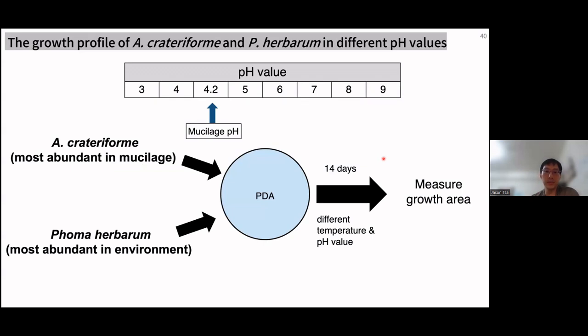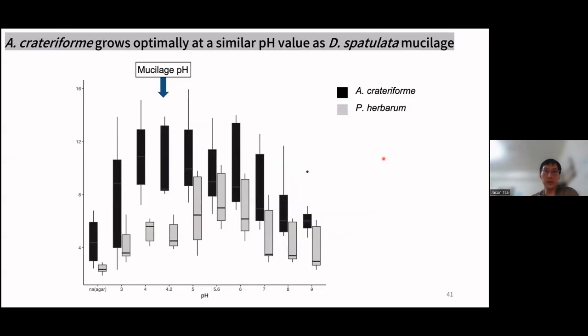We adjusted the pH of the culture media and observed that Aquodontium thrived in acidic conditions, at a pH mimicking the acidic mucilage.